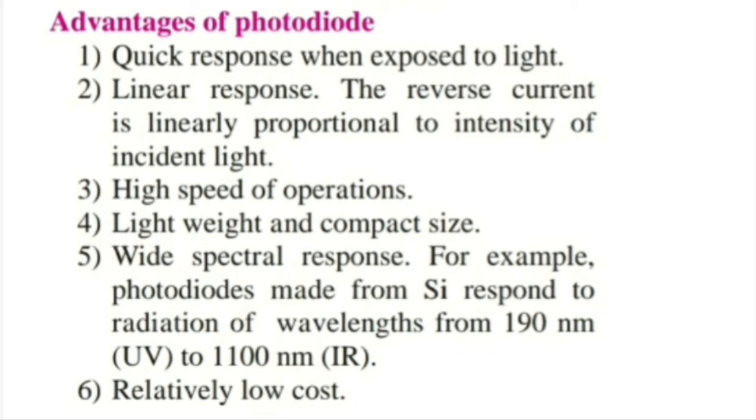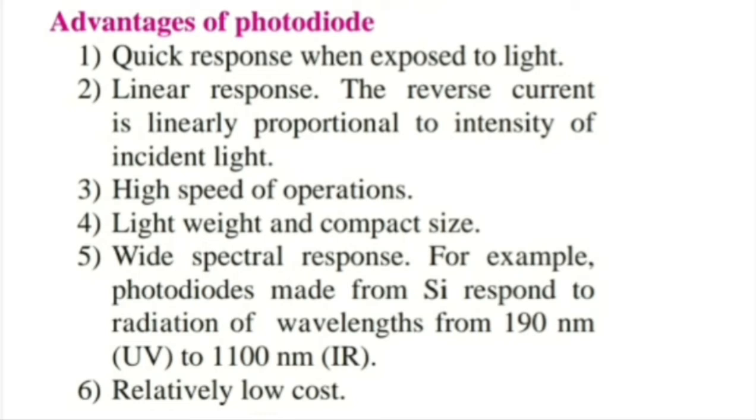It also gives us compact size because it is very lightweight. The next advantage is wide spectral response. If we take the example of a silicon photodiode, it ranges from a wavelength of about 190 nanometers to about 1100 nanometers.